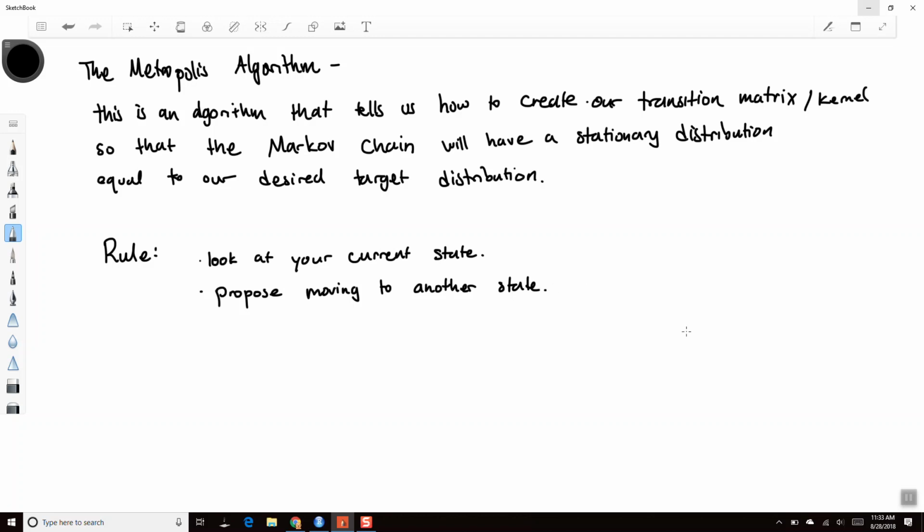And then we have rules about the proposal. The proposal needs to be symmetric. We'll talk about that in a moment, okay?